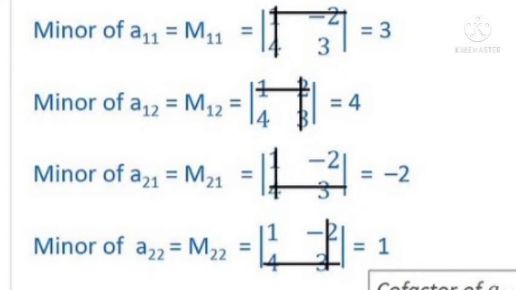So eliminate the second row and second column, and therefore minor of A22 is equal to 1. So minor of A11 is 3, minor of A12 is 4, minor of A21 is minus 2 and minor of A22 is equal to 1. In this manner we can easily find minors of each and every element in the determinant.